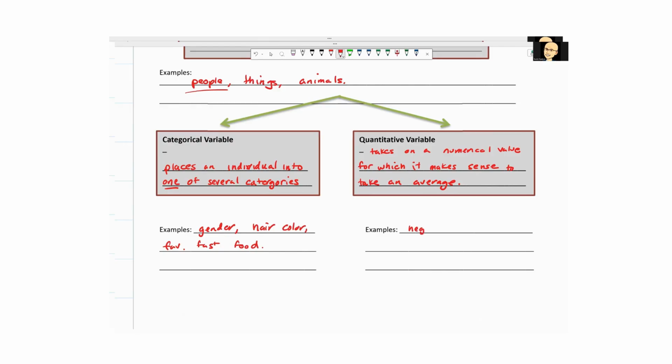Well, height, or shoe size, or maybe the amount of sleep that you got last night. Or maybe the number of siblings that you have. All the values of these variables are numbers, and it makes sense to take their average.